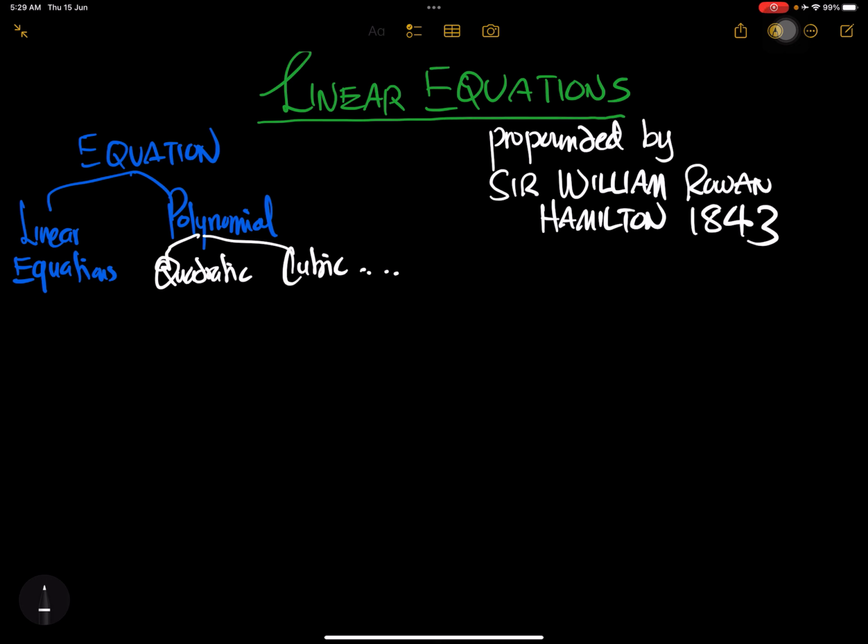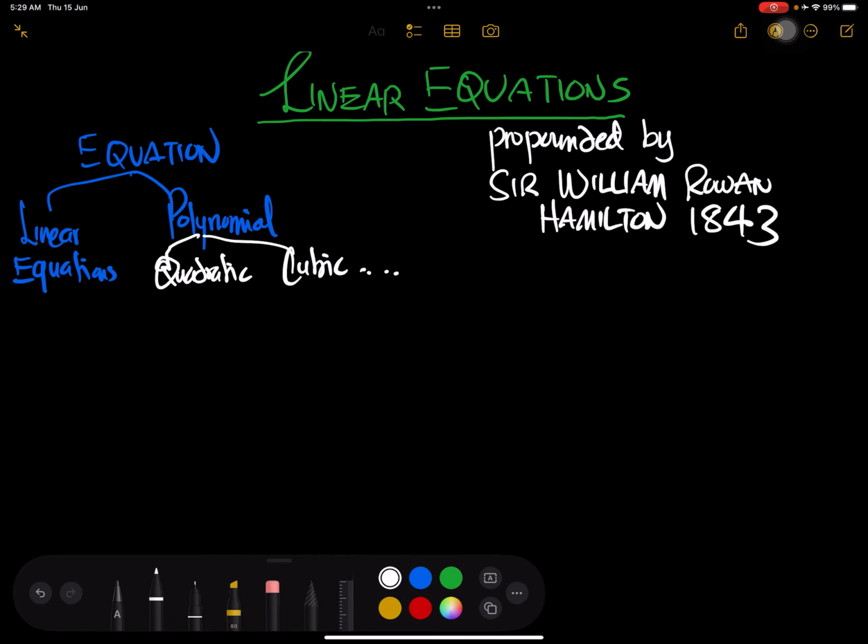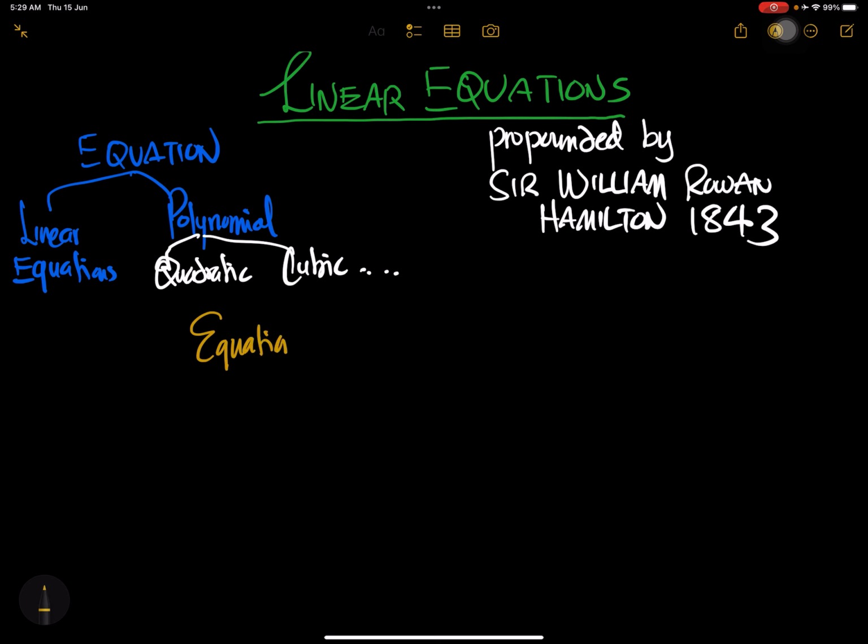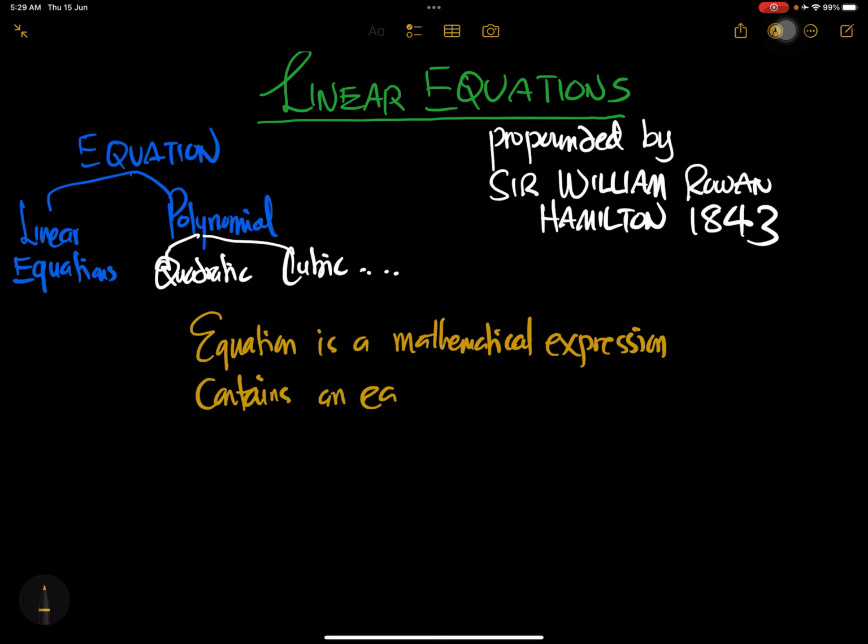Last time we said that an equation is a mathematical expression that contains an equality sign. If you have a mathematical expression that does not have an equality sign, it is called an expression.